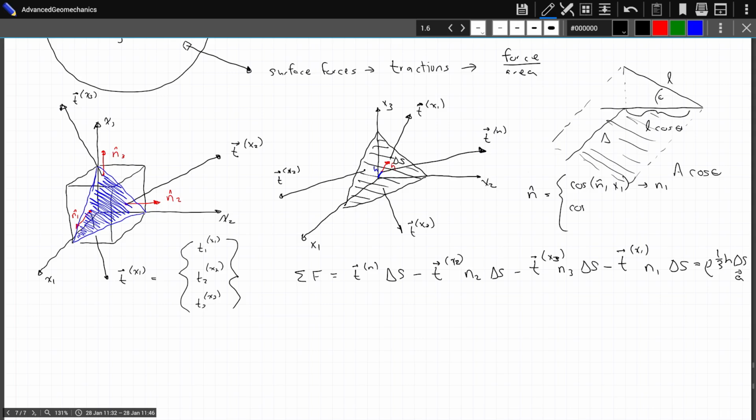And likewise, the cosine between n and x2 gives you n2, and the cosine between n and x3 gives you n3. So basically what we're doing is taking that delta S and projecting it to get those other three areas via the direction cosines and the unit vectors.